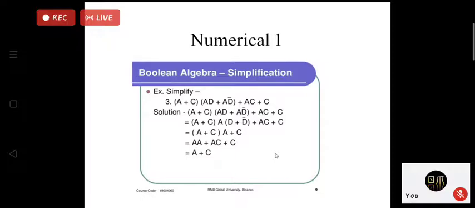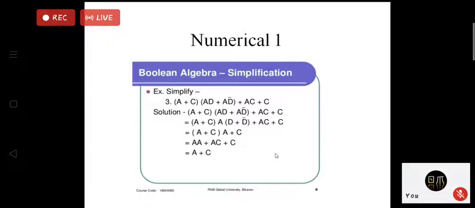So the numerical is like this: A into bracket A plus C into another bracket AD plus AD bar plus AC plus C. This is the given numerical and they have asked you to simplify the following Boolean expression. So how will you start? A plus C I have kept as it is.